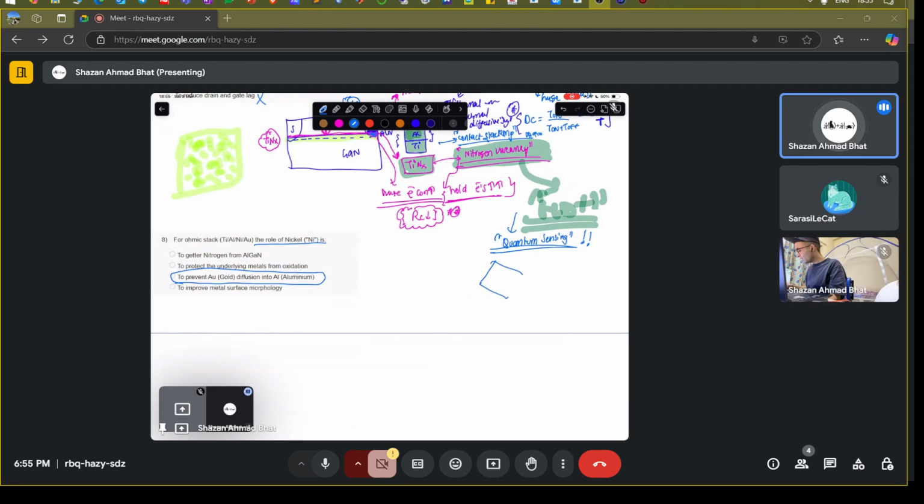If this is a structure, and you have a vacancy of nitrogen here, the nitrogen vacancy means a nitrogen atom is missing from the lattice. If you have gallium, nitrogen, nitrogen, nitrogen, nitrogen, and one nitrogen goes missing, then this is a nitrogen vacancy, and it hosts electrons.